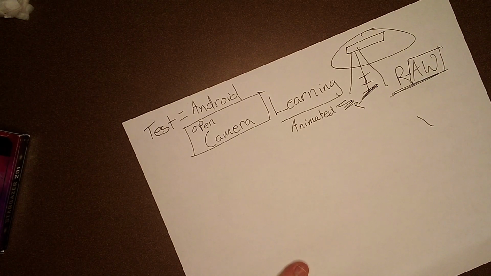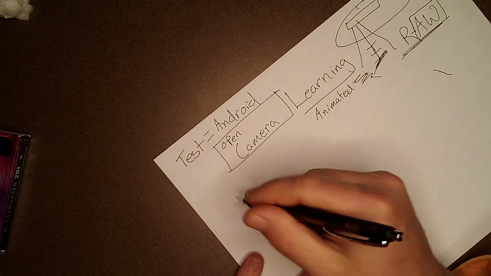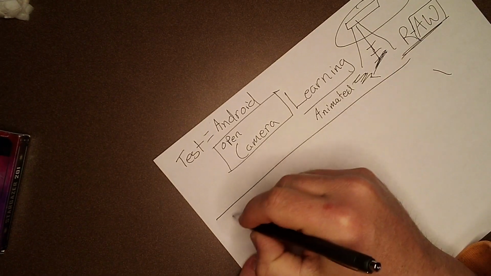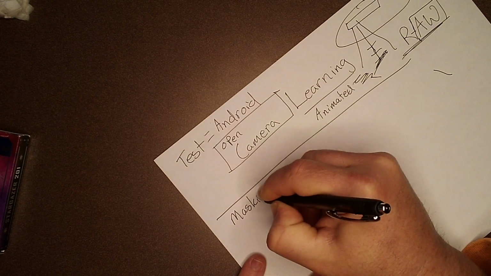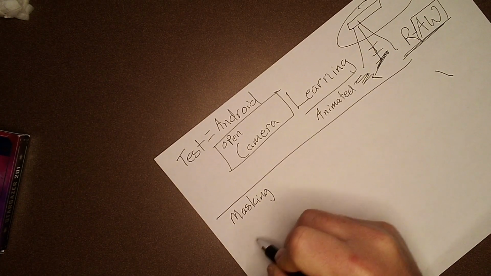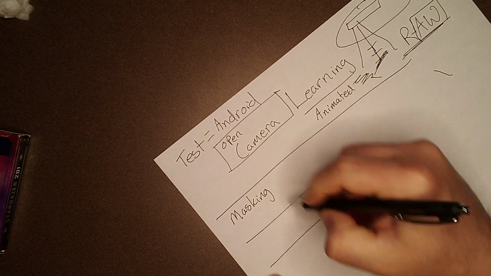I've got to figure that out. All right, hold on. Additionally, I need to invest in masking tape, so that way I can line out my camera angle just right.